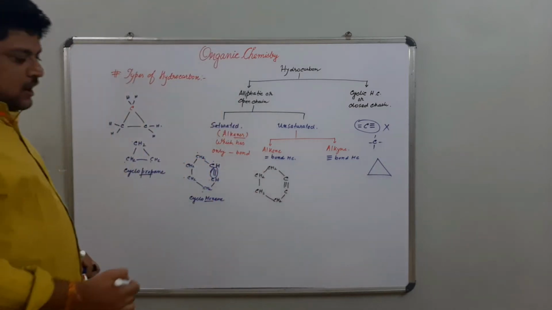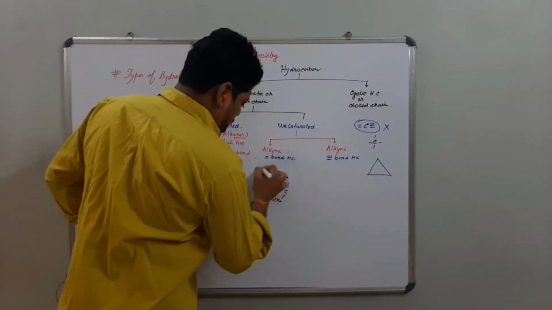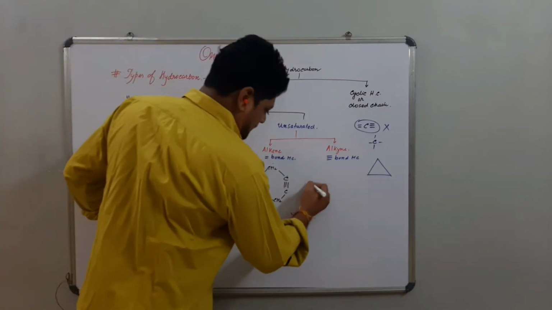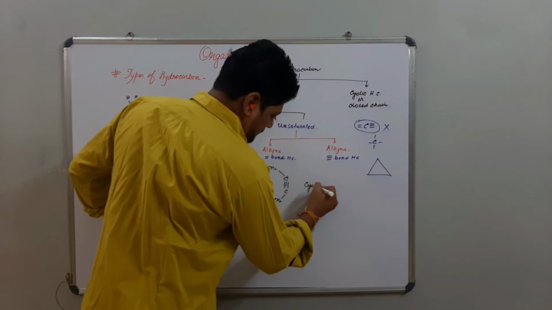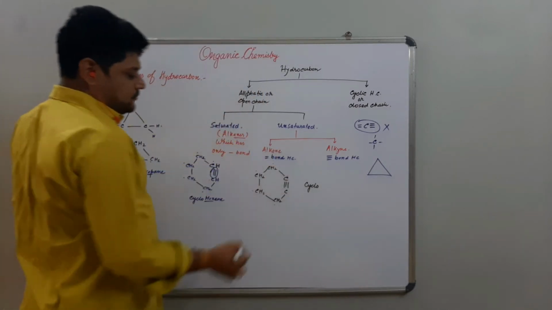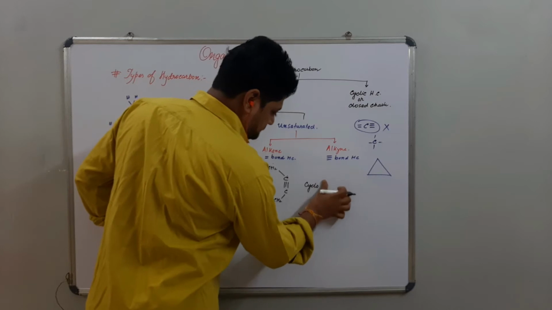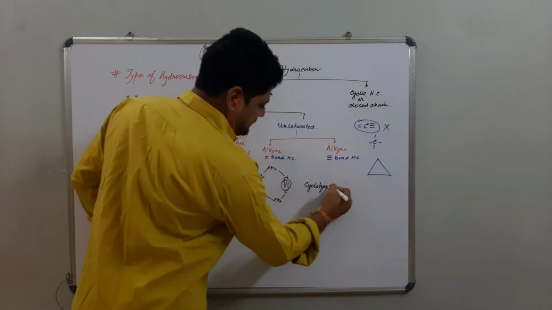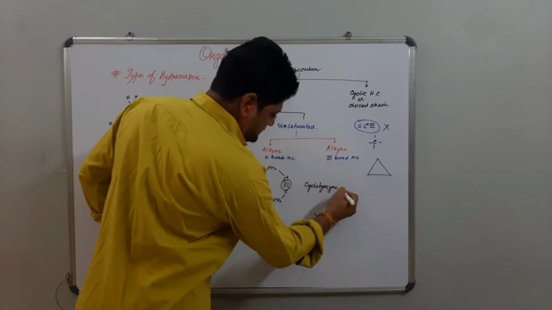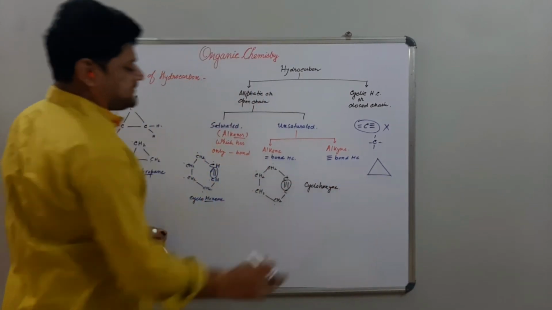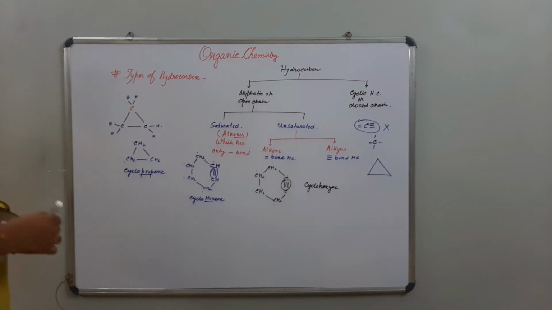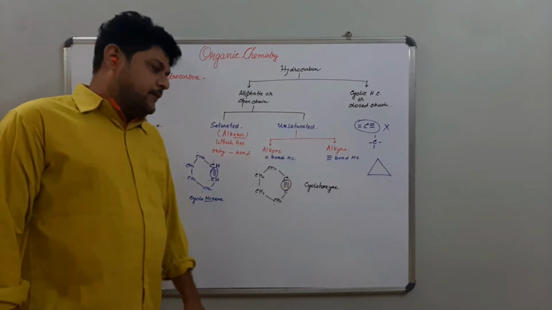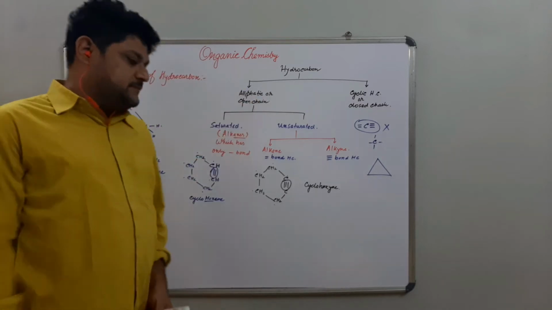Here how many carbons are there? 1, 2, 3, 4, 5, 6 carbons, so it is also cyclo, because it is a cyclic chain. Cyclo, 6 carbons, hex, a triple bond is there, so cyclohexyne is the name of this compound. So these are nothing but closed chain cyclic hydrocarbons. These are the basic types of hydrocarbons.